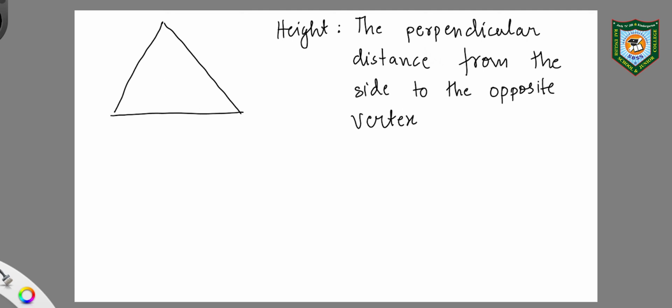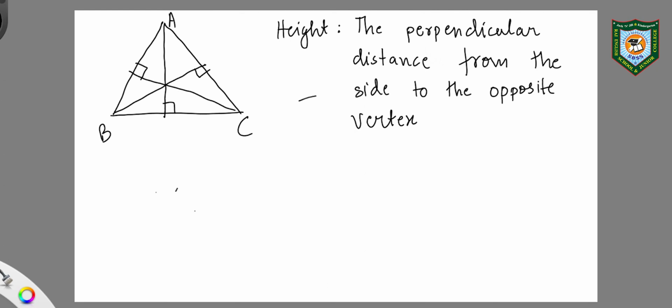So height is defined as the perpendicular distance from the side to the opposite vertex. So as we can see in this case, this is the perpendicular line for this triangle ABC. For base AC, this is the perpendicular distance, and for base AB, this is the perpendicular distance.